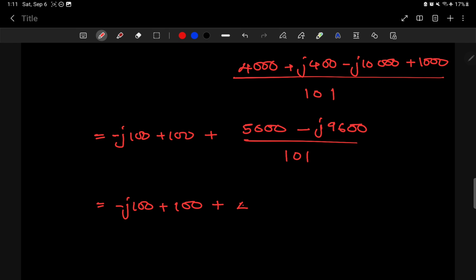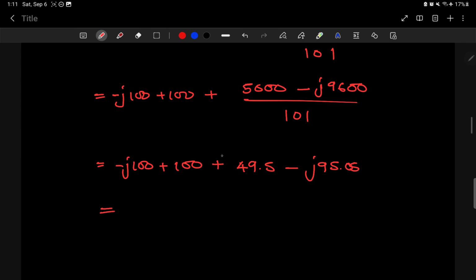So we get 49.5, minus, in the same way, 9600 divided by 101, we get j95.05.